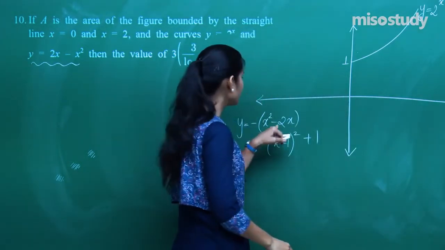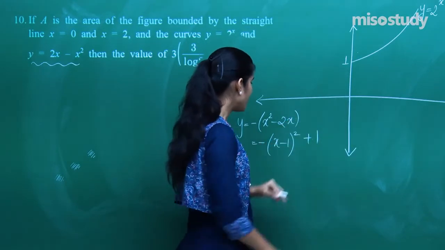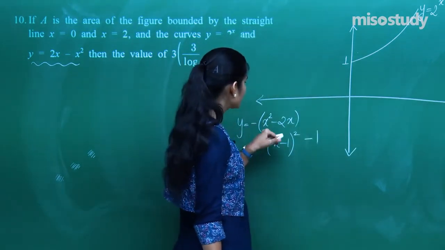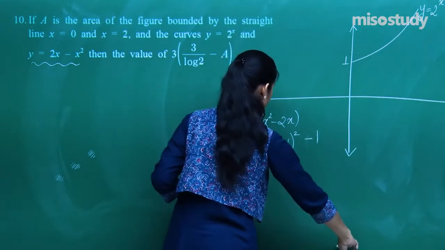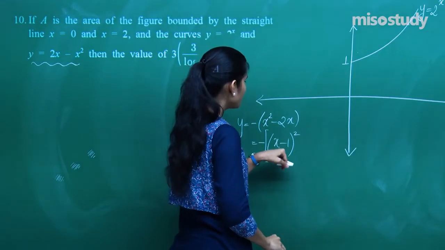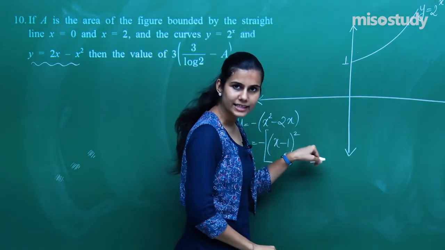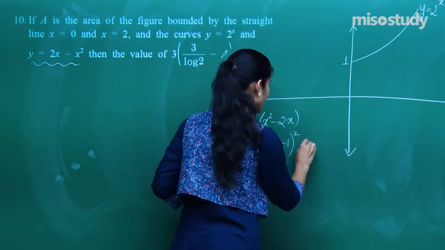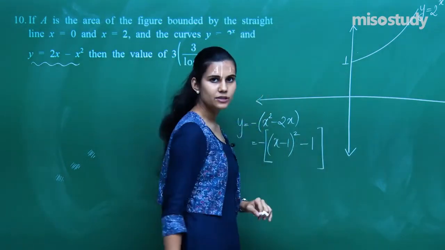This is x square minus 2x plus 1 minus 1. Why? Because x square minus 2x plus 1 is (x minus 1) whole square, minus 1. Like this you can write it.